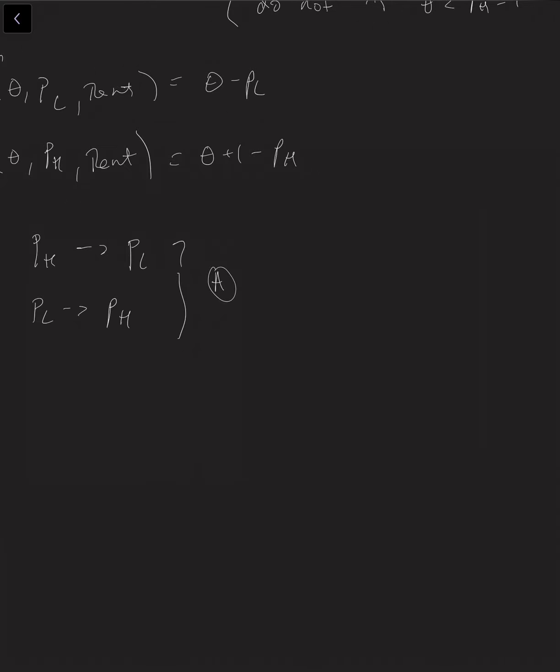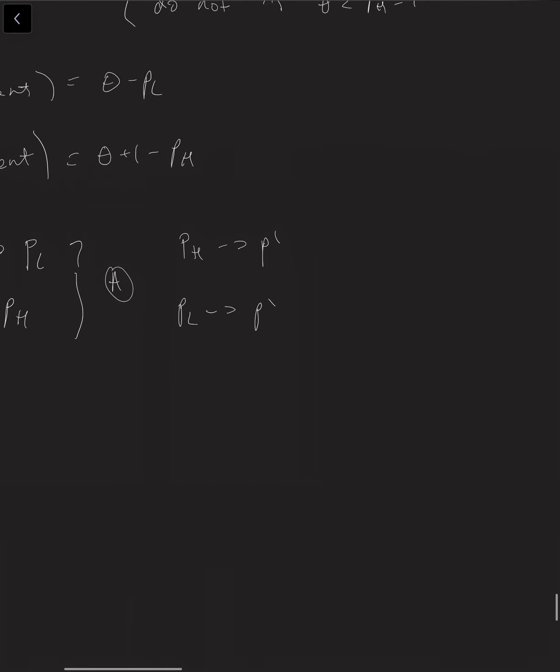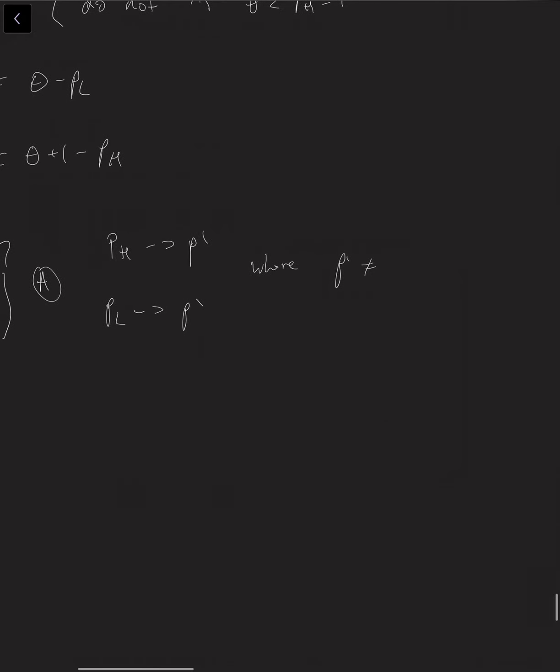But then we also have a class of deviations wherein Monica might change the prices of either type to some price other than PL or PH. So we could have Monica change the price of the high quality flat to some P dash, and the price of the low quality flat to some P dash, where P dash is not equal to either PH or PL.